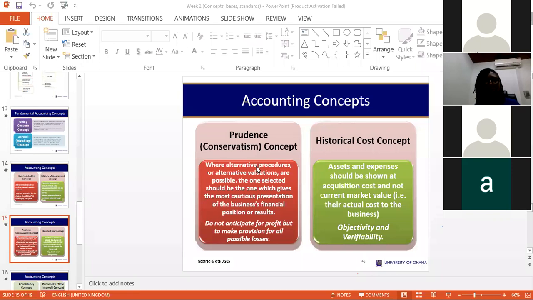So we go on to the Prudence Concept. The Prudence Concept suggests that, with the alternative valuations I already explained, each time the accountant would have to select one, but most often we must err on the side of caution.